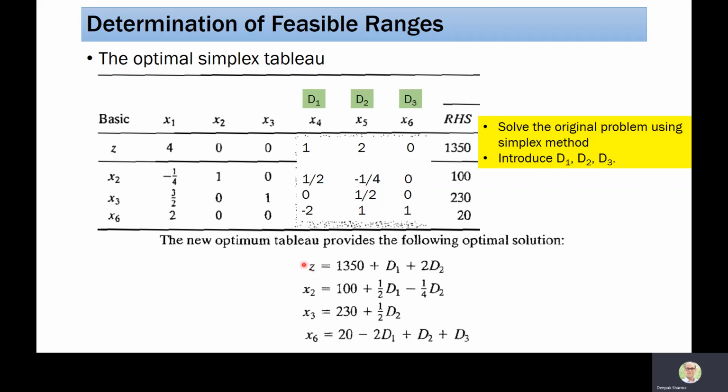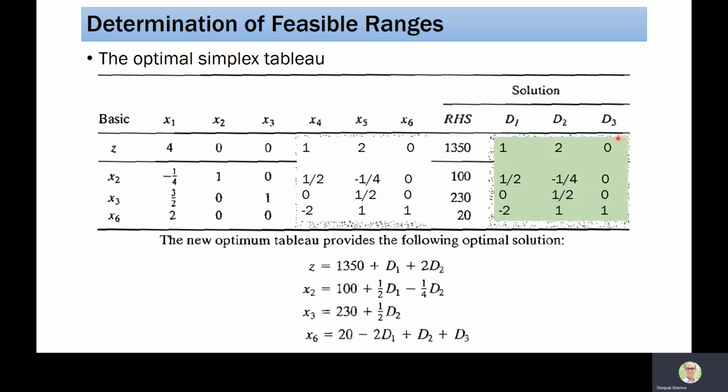How can I find the equations which are given below? So let me go back here. Now when we have this right hand side, if I want to write Z, Z is equal to 1350 plus D1 plus 2D2 plus 0 D3. Similarly, X2 I can write as 100 plus half D1 minus 1 by 4 D2. So the same equations I have written there.